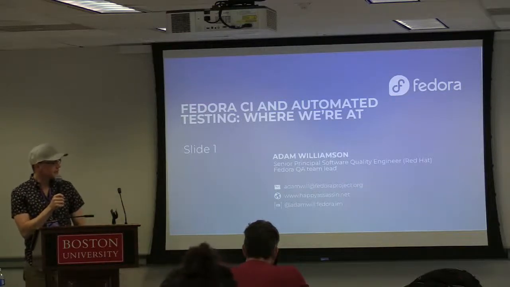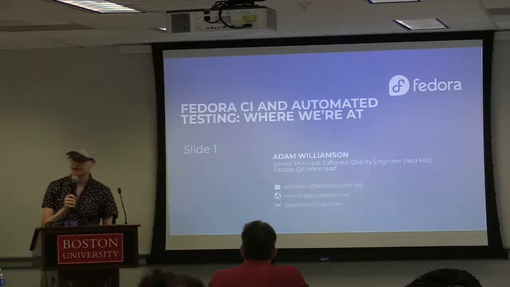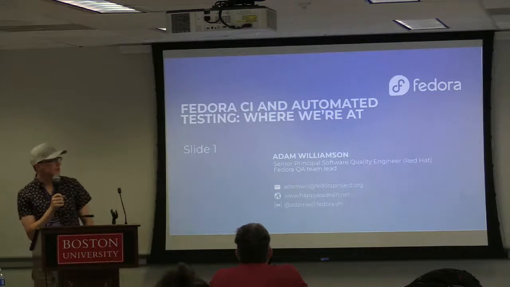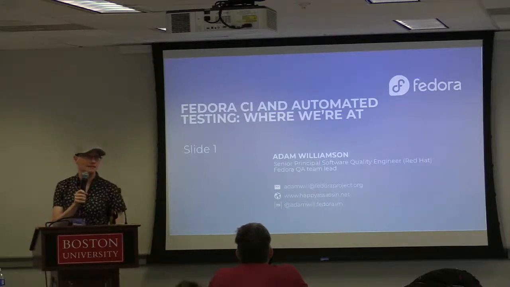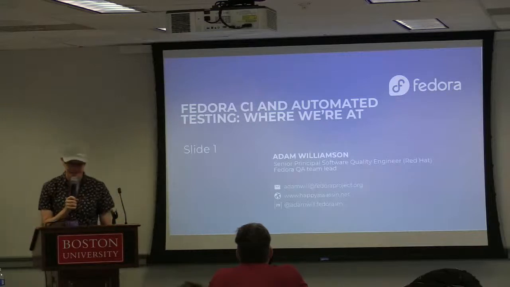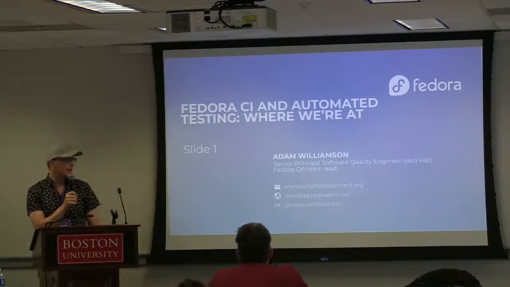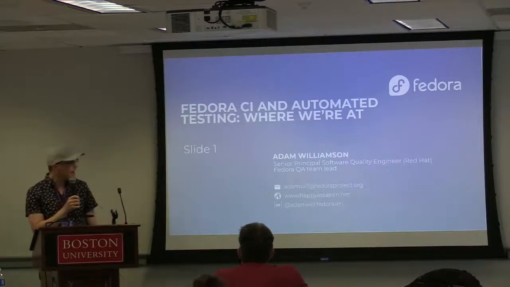I am Adam Williamson. I'm a senior principal software quality engineer at Red Hat. I believe we keep changing our job title to be closer to software engineer in the hopes that software engineers will respect us and invite us to their parties. So yeah, that's me. More importantly, I'm the team lead for Fedora QA at Red Hat. So when Fedora breaks, it's my responsibility.